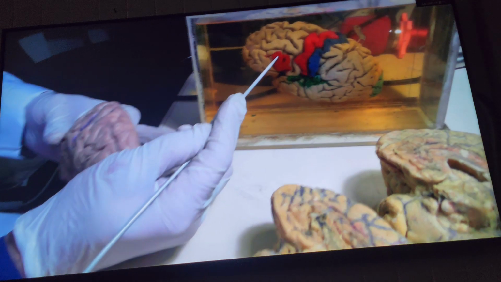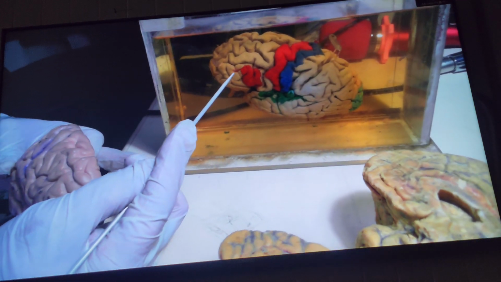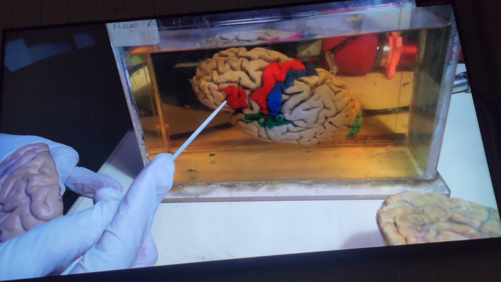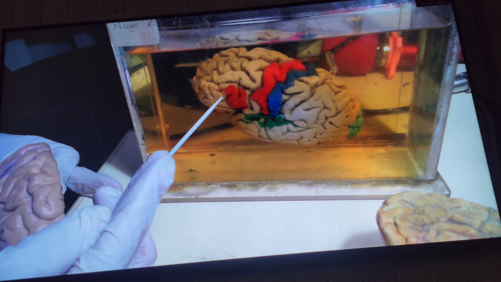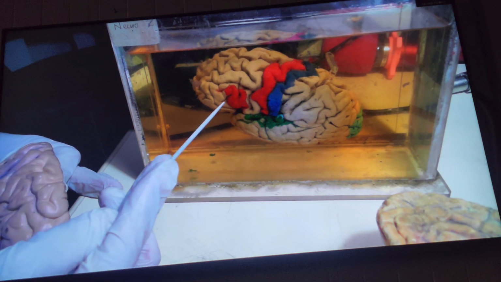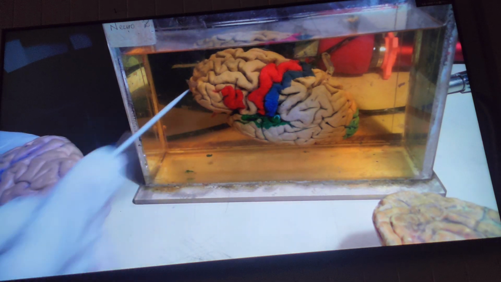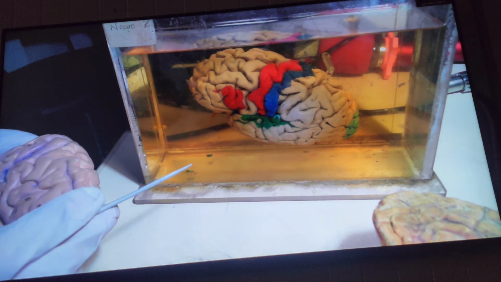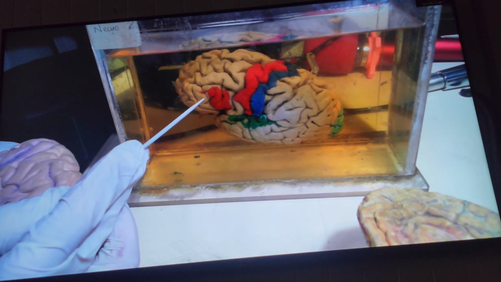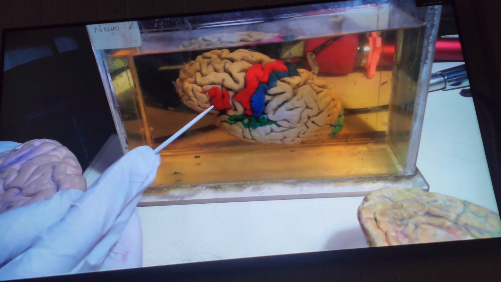Here we can see in red the area occupying the triangular and opercular parts of the inferior frontal gyrus. The dominant hemisphere for Broca's area is the left hemisphere, and this region is numbered 44 and 45.